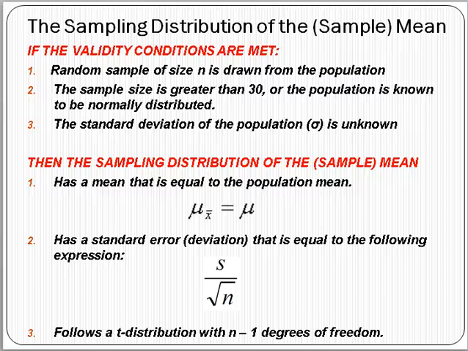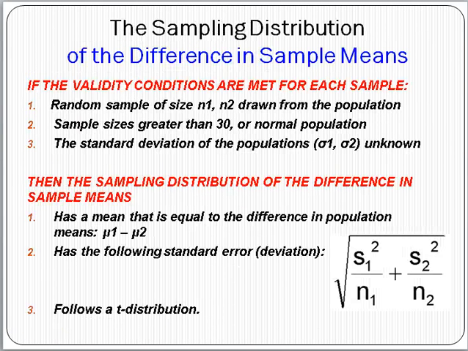Recall for a single sample that if validity conditions are met, a random sample of size n drawn from the population, either the sample size is greater than 30 or the population is known to be normally distributed, and the standard deviation of the population is unknown, then the sampling distribution, the distribution of sample means, has a mean equal to the population mean, has a standard error of the sample standard deviation divided by the square root of n. Again, that's called the standard error. And it follows a t-distribution, which is almost normal.